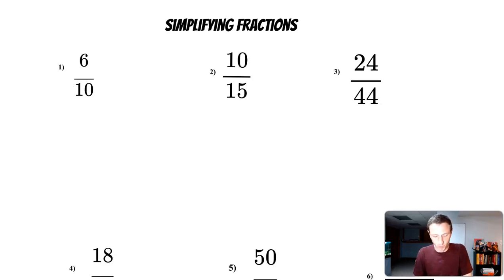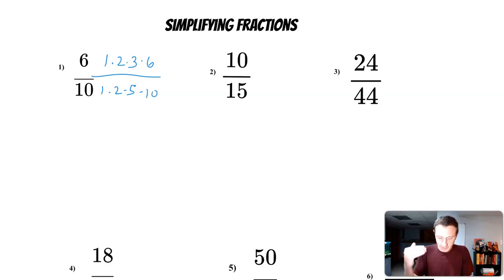So 1 times 6, 2 times 3, 3 times 2, and 6 times 1. All right, let's do 10 now. 1 times 10, 2 times 5, 5 times 2, and 10 times 1.